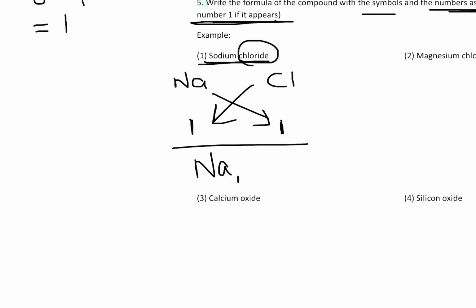There should be 1, but because it's 1, I'm not going to write it. Any number, you're going to write it as subscript, but if it's 1, you don't write it. So NaCl. Make sure your N is capital, make sure your C is capital. So here is the chemical formula of sodium chloride: NaCl.